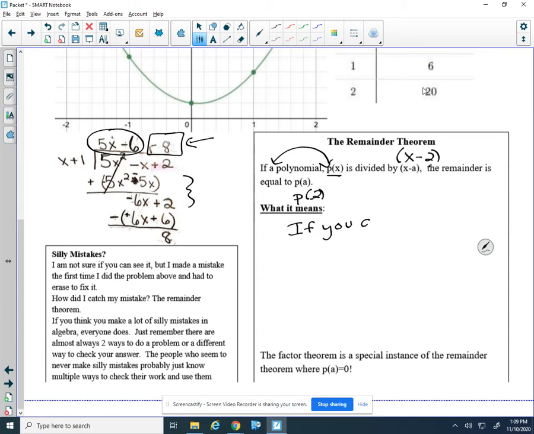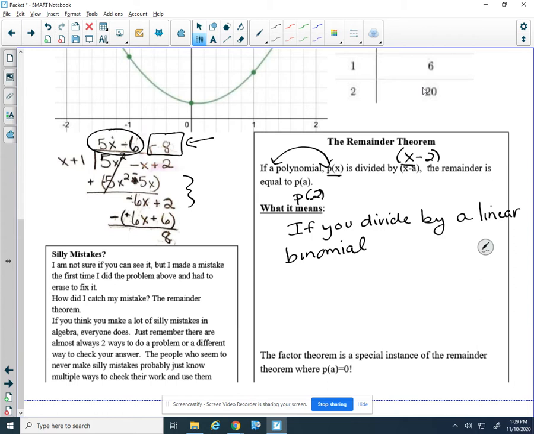So what this means basically is if you divide by a binomial, and we'll talk about this in a little bit, it has to be a linear binomial, so I'm going to add that. If we divided by x squared plus 2, this wouldn't work the same way, if it's not a linear or x to the first.